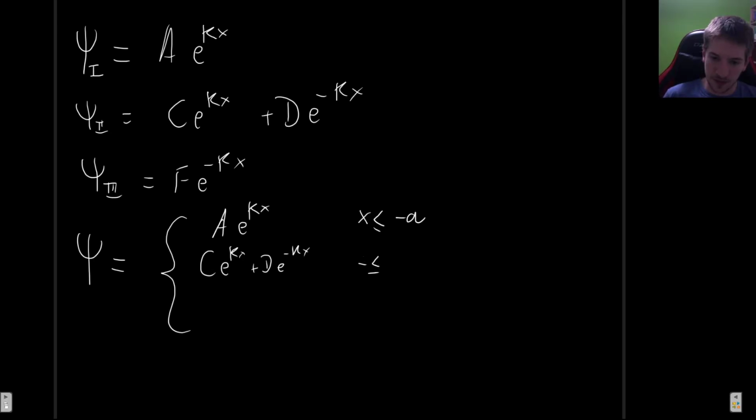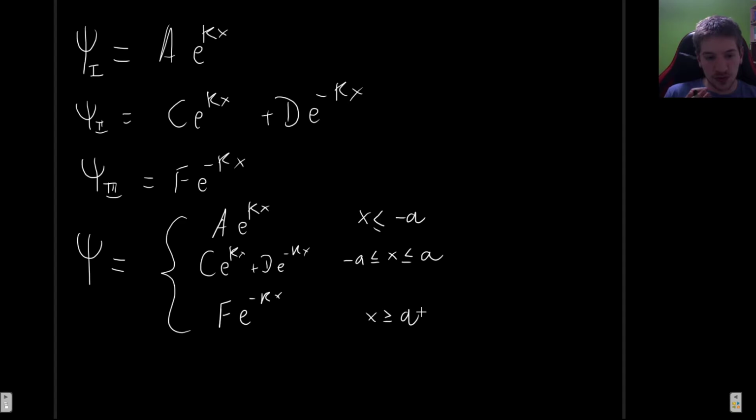Whoops, sorry. Okay, I made a small oopsie there. So x has to be greater or equal than minus a and smaller or equal than a. And finally, it's going to be F e to the minus kx when x is greater or equal than a. So that's our wave function here.